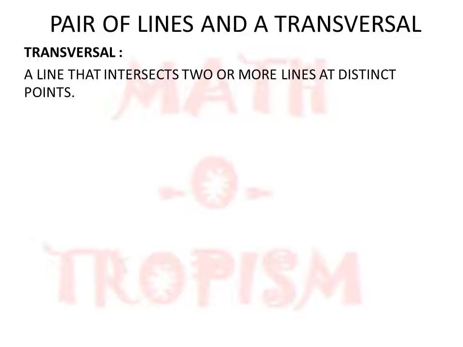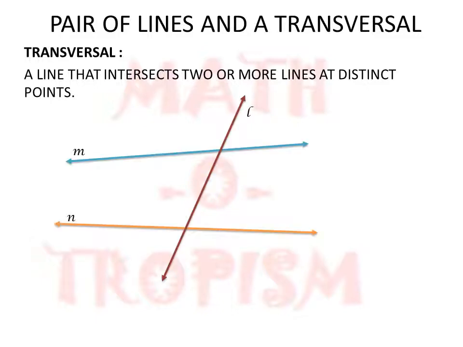We are going to consider any pair of lines, and we will consider that another line is passing through them in such a way that it is cutting both the lines into two halves. So here M and N are a pair of lines, and my line L is called the transversal.